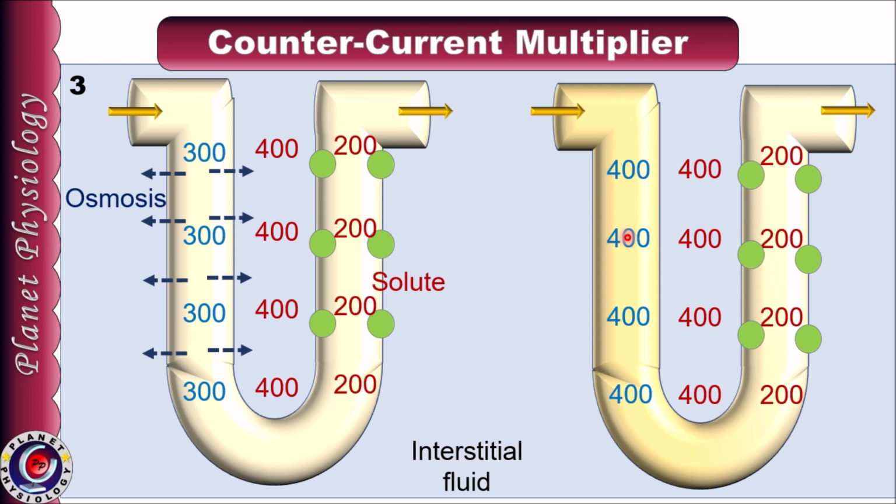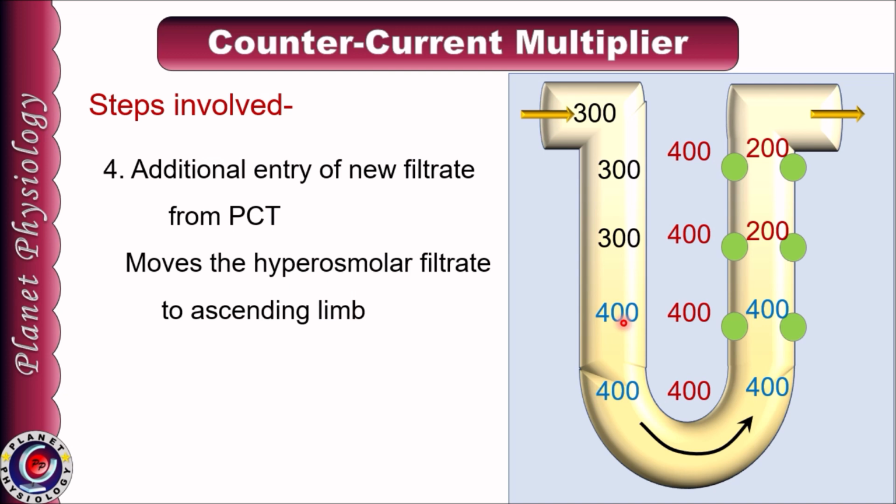In this picture, the first panel of the diagram shows osmosis of water from the thin descending limb of loop of Henle, and the second panel shows increase in the filtrate osmolarity in the descending limb of loop of Henle due to osmosis, and it becomes same as that of medullary interstitium. Now, the new filtrate from proximal convoluted tubule enters the descending limb and pushes the previous hyperosmolar filtrate to the ascending limb.